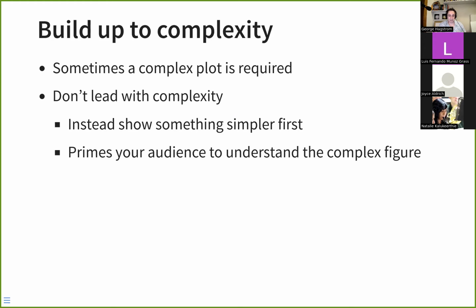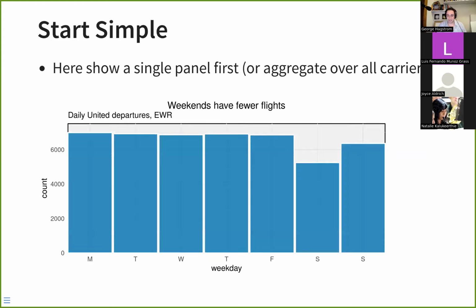In this situation, you should avoid leading with complexity. You should lead with a simple figure to prime your audience to understand your complex figure, and then show the complex figure. So here's an example.